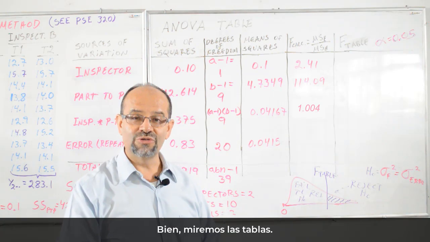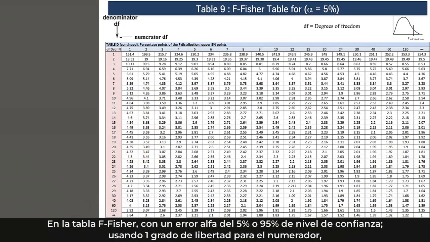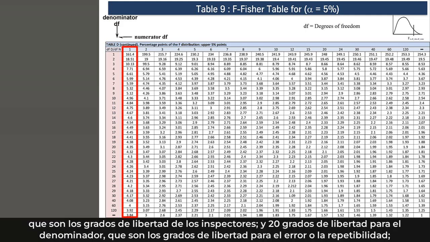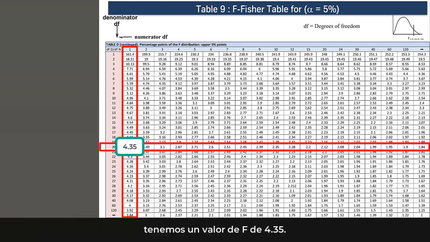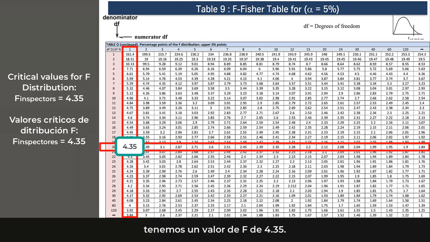For the F Fisher table, using 1 degree of freedom for the numerator, which is the inspector, and 20 degrees of freedom for the denominator, which are the degrees of freedom for the error or repeatability, we have an F value of 4.35.